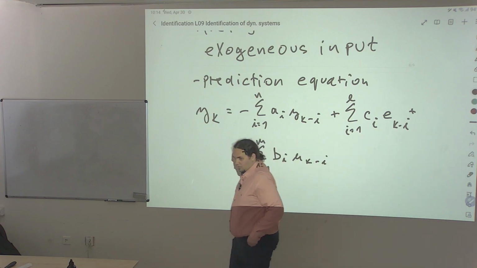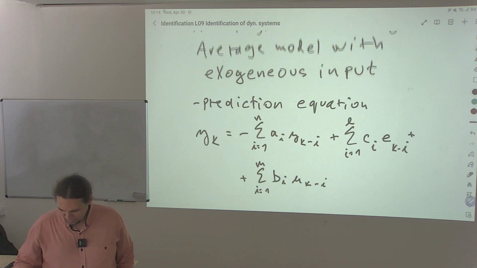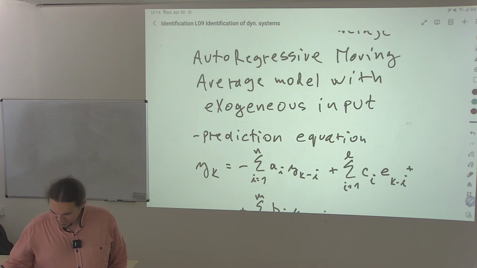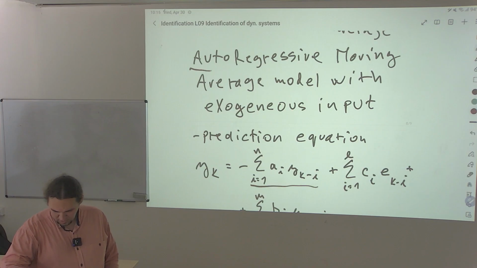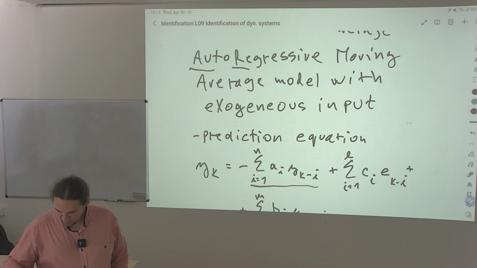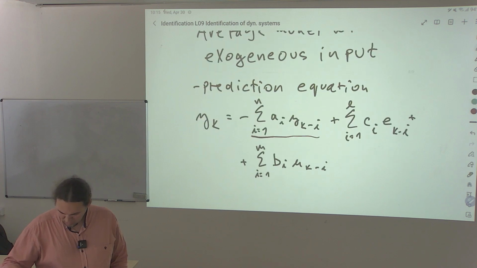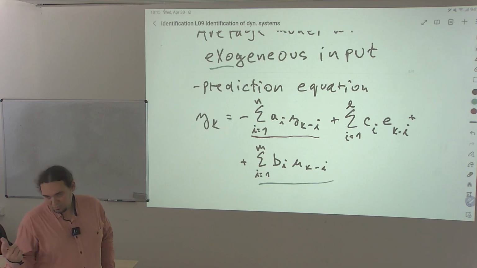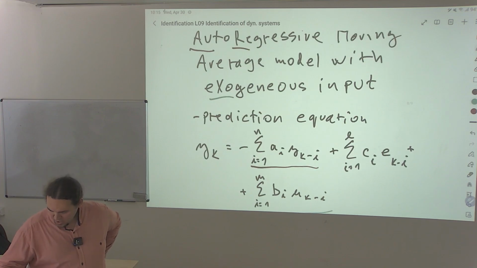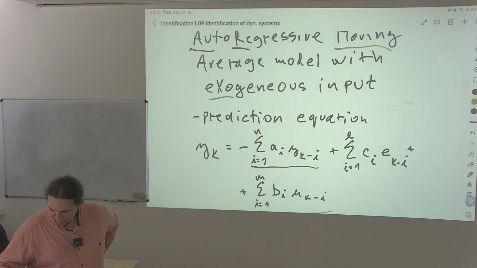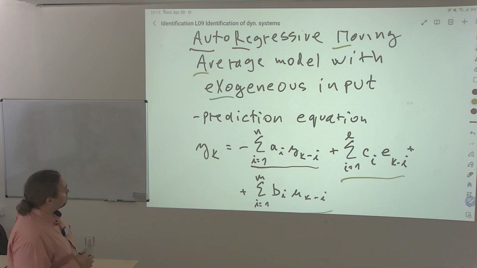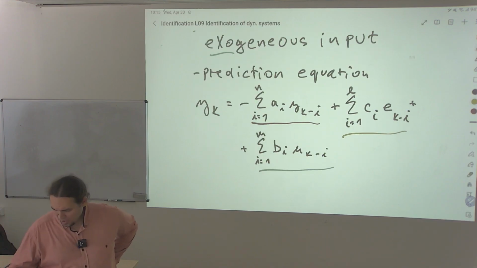What is this new part? Yeah, it is some error, exactly. So the auto-regressive part is this one. The exogenous input is the part with the u, and last but not least, the moving average is this guy here.